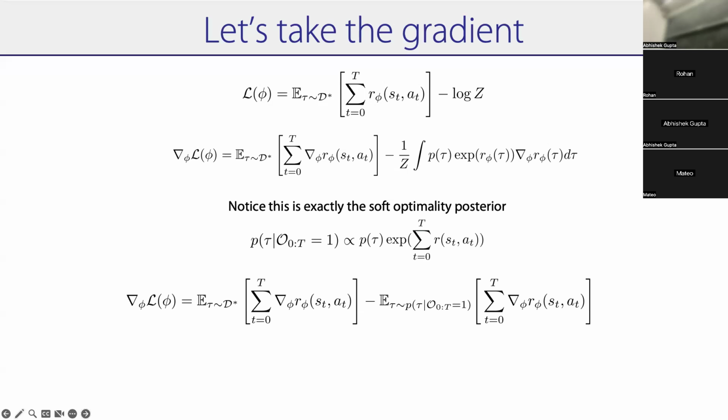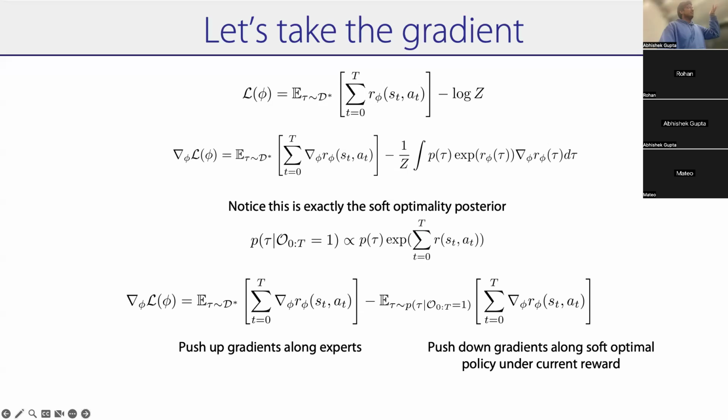So what does this mean intuitively? It says push up the gradients along the experts, and push down the gradients for the soft optimal policy under the current reward. If I take a gradient of the reward function, it would push up stuff for the expert data and push down everything for the optimal policy computed under the current reward function.